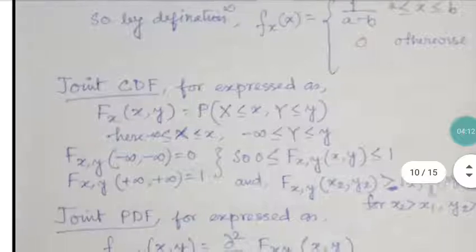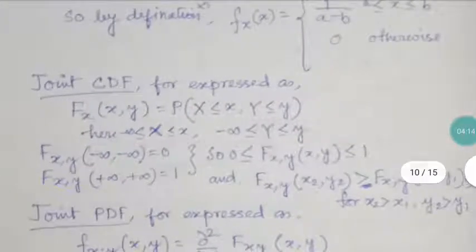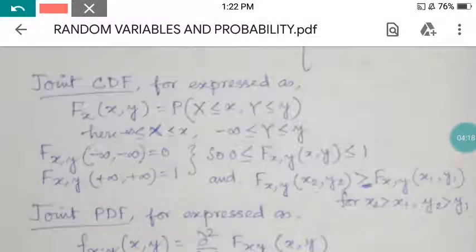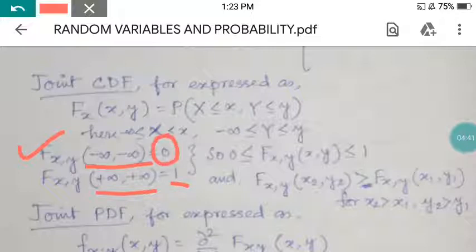F of XY is 0 for minus infinity, minus infinity, and F of XY equals 1 for plus infinity, plus infinity. So F of XY touches the boundary limits of 0 and 1 at minus infinity and plus infinity. This is the true set and this is called the null set.